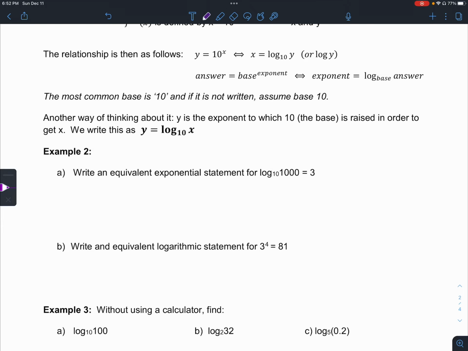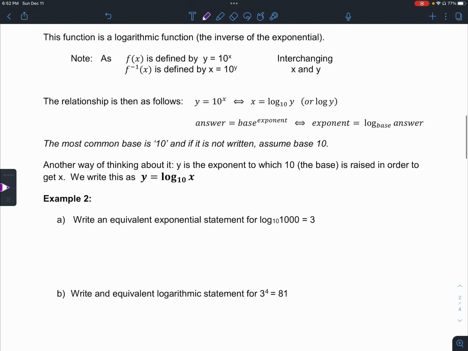Okay, so take a moment to think about how you would do that. You want to apply this here. Okay, if we have log to the base of something of an answer, that's equal to the exponent, and we want to convert this into this: the answer is equal to the base to the power of the exponent.